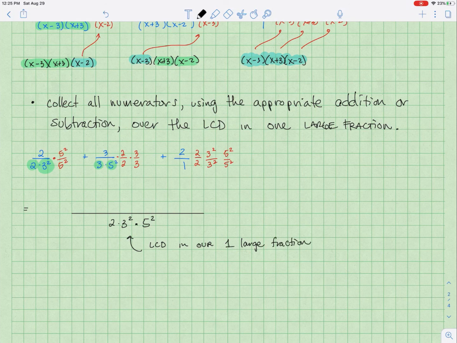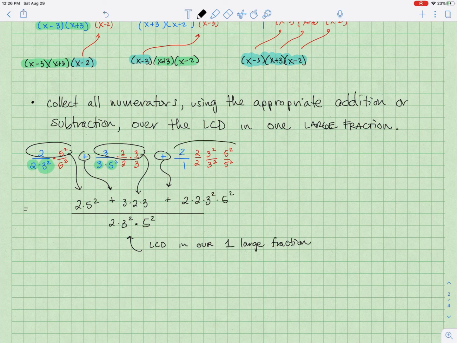And then the numerators are going to be, from the first expression, 2 times 5 squared, plus, that's using the appropriate addition here, plus 3 times 2 times 3, plus 2 times 2 times 3 squared times 5 squared, where that was the third numerator.